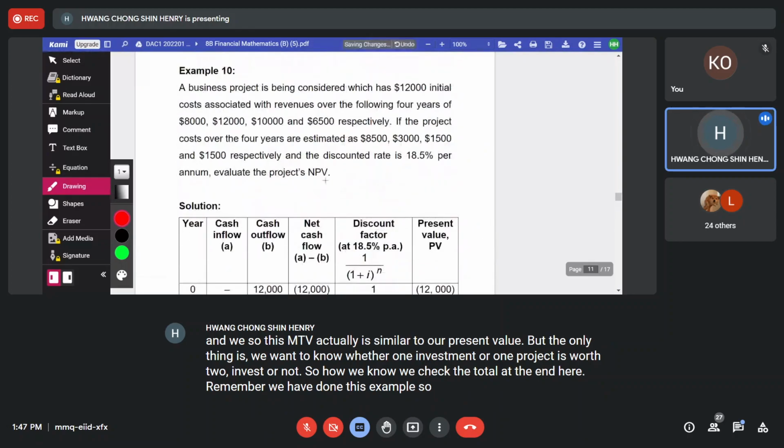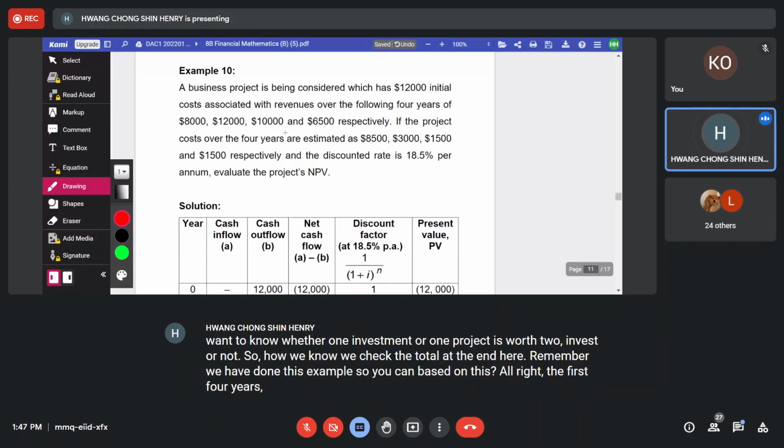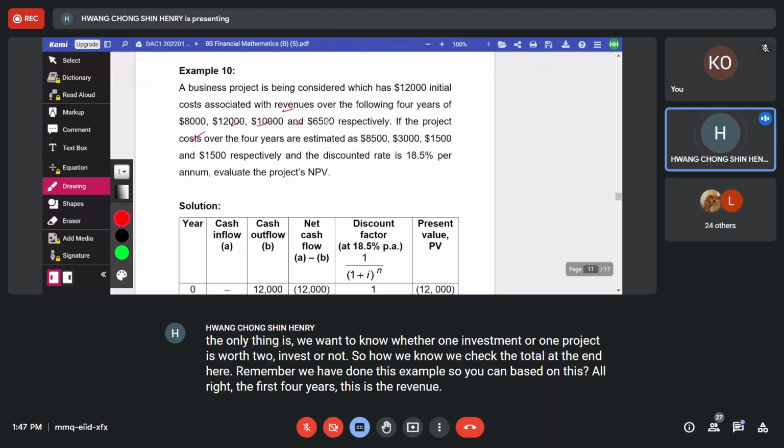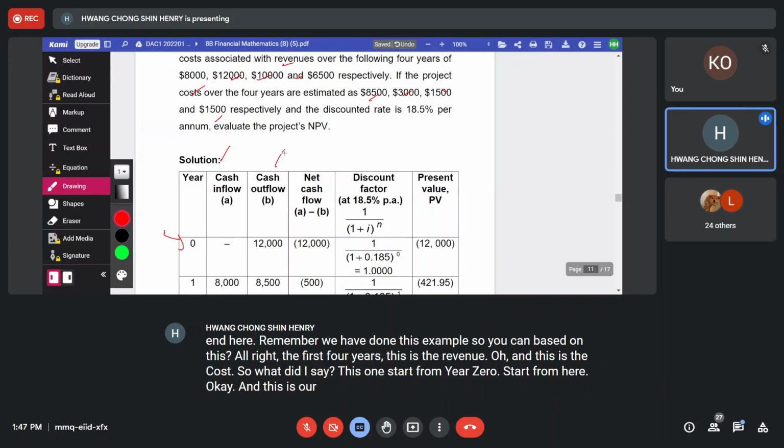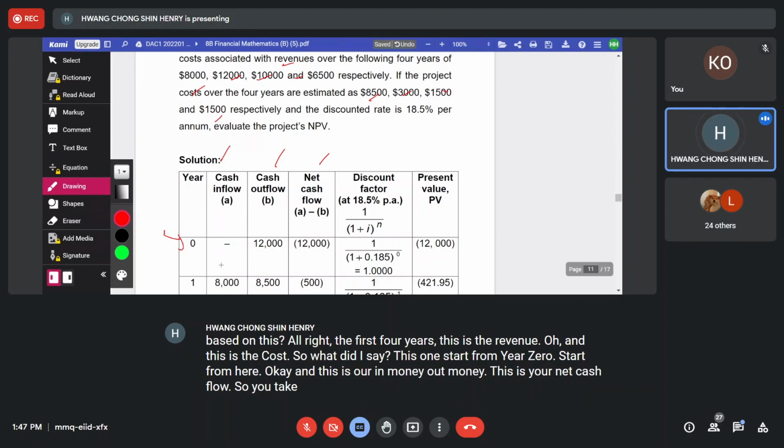The first 4 years, this is the revenue, and this is the cost. What did I say this morning? Start from year 0. This is your money in, money out. This is your net cash flow, so you take the inflow minus the outflow.